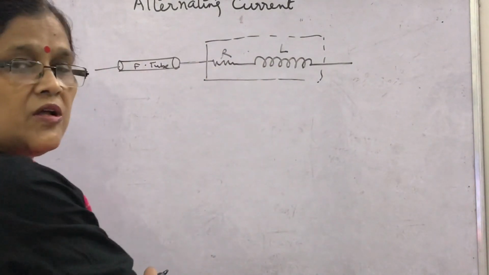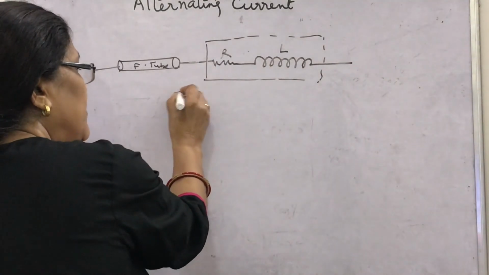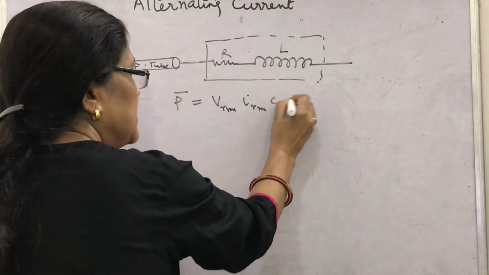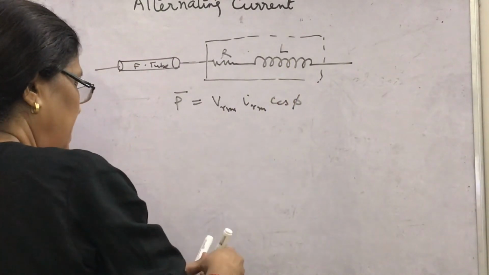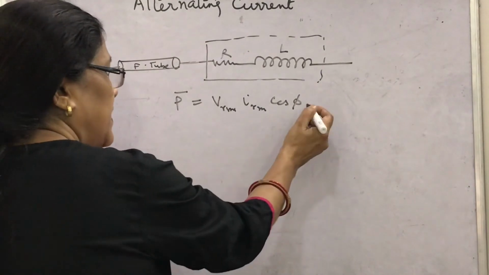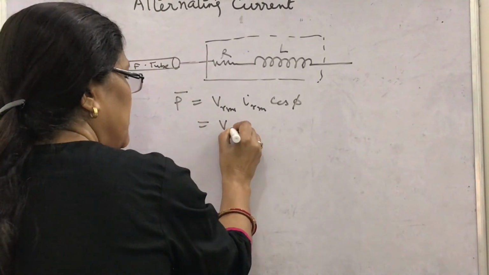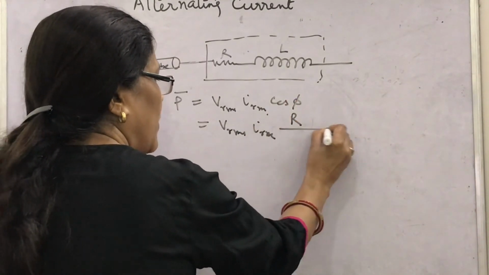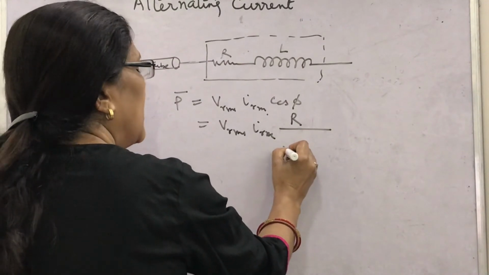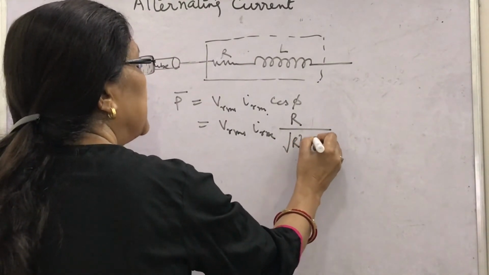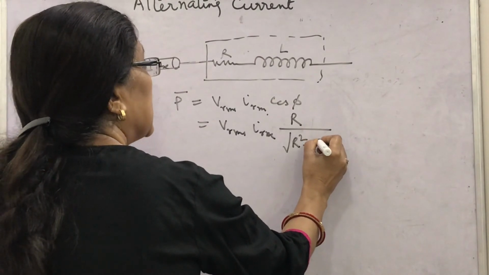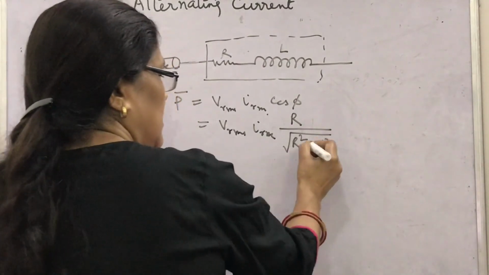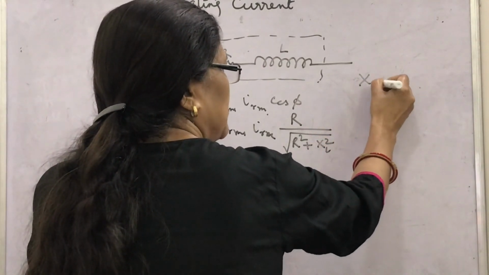Now what will happen? We have seen the average power is VRMS IRMS cos phi, and what is cos phi here? We have seen this cos phi is R upon Z. What is Z? Under root R square plus XL square. What is XL?